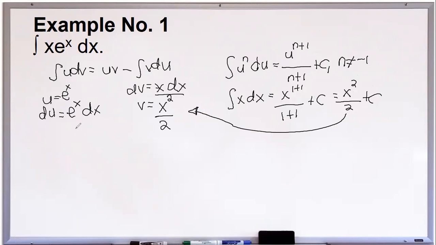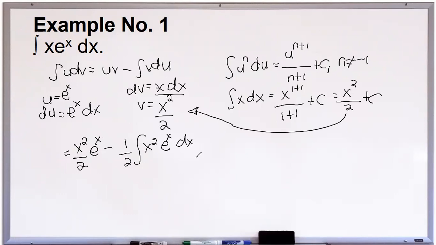Okay, so ngayon, apply natin yung integration by parts. Okay, so magiging ano to? X squared over 2 e raised to x minus, dahil may over 2 ka rito, ilalabas natin si 1/2 integral of x squared e raised to x dx.